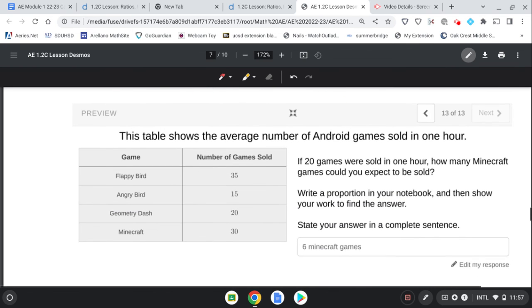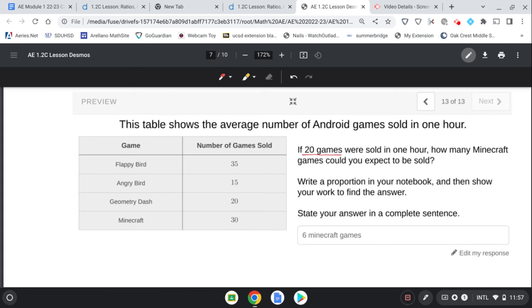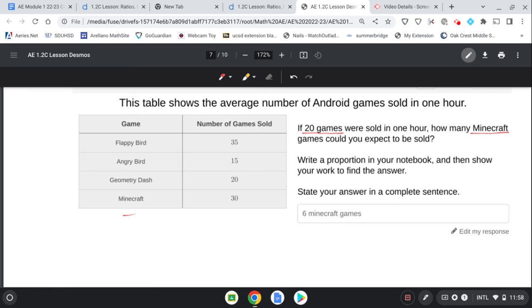Okay, and then in slide 13, if 30 games were sold, how many of those would be Minecraft? So recall that there's a total of 100 games. For Minecraft, 30 out of the 100 are Minecraft. So that's going to equal, so 30 out of 100 are Minecraft.